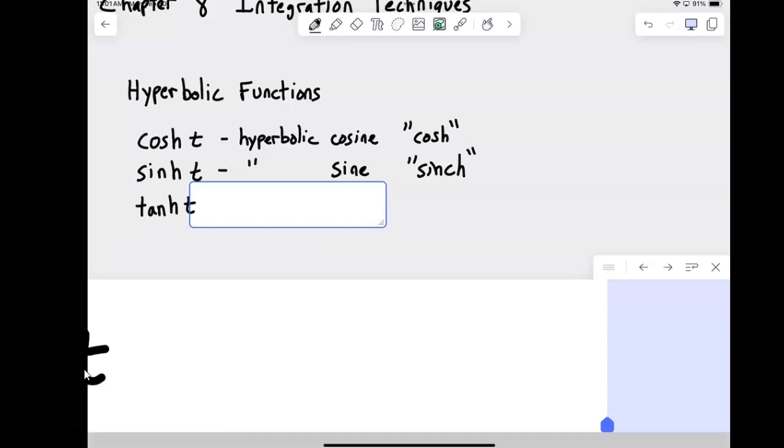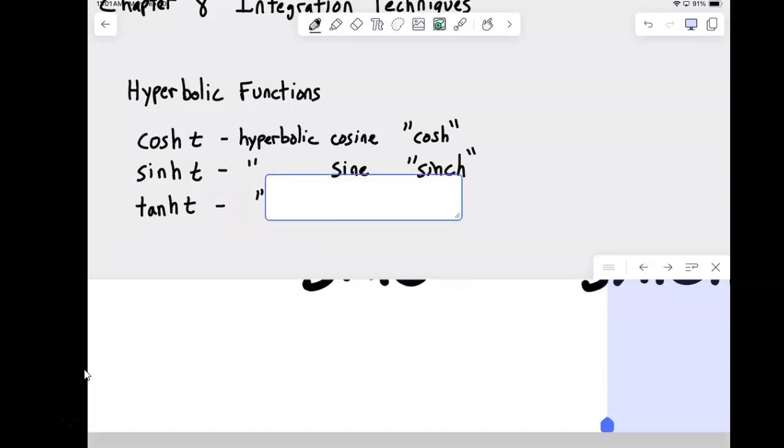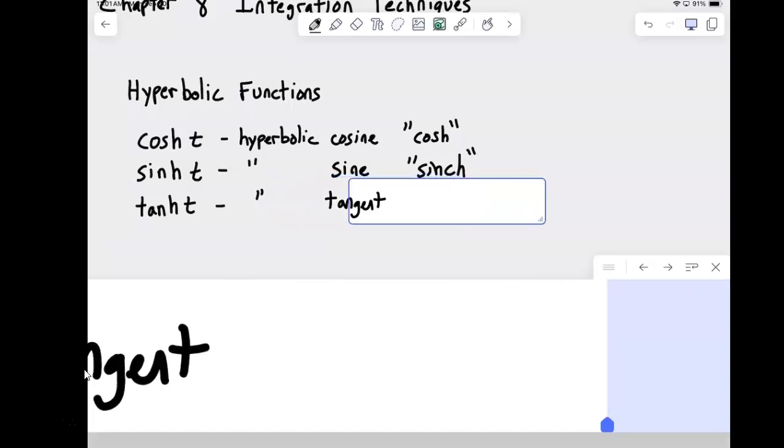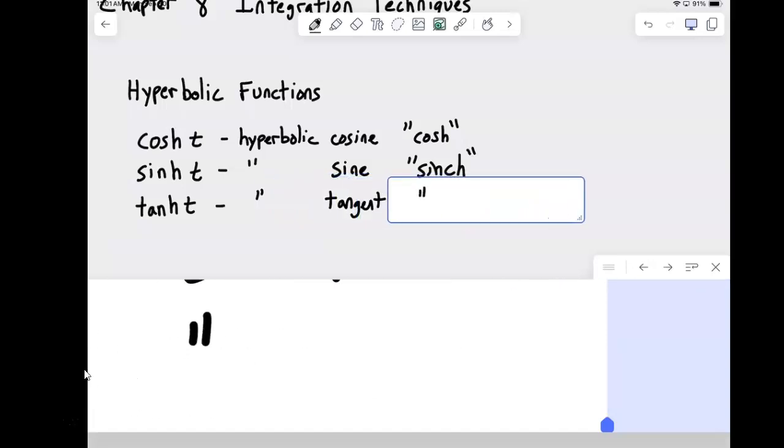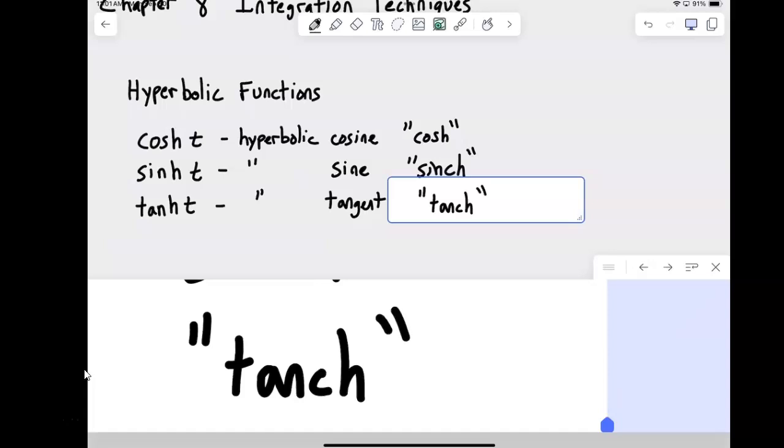So basically, when you take one of the trig function names and put an h after it, it becomes a hyperbolic one. And the tangent we refer to as tanh as an abbreviation.